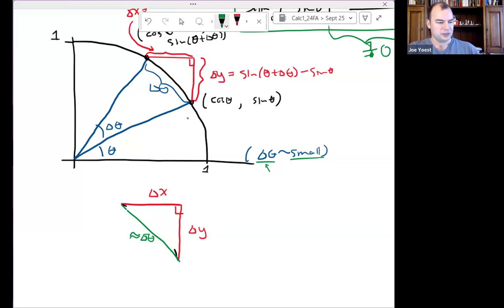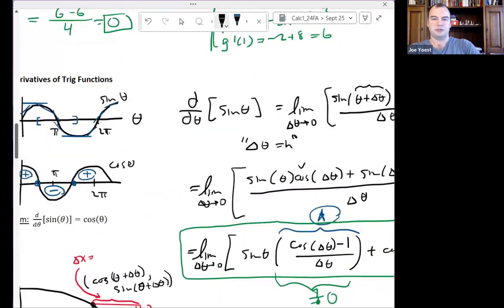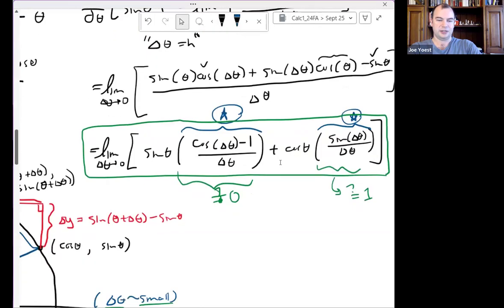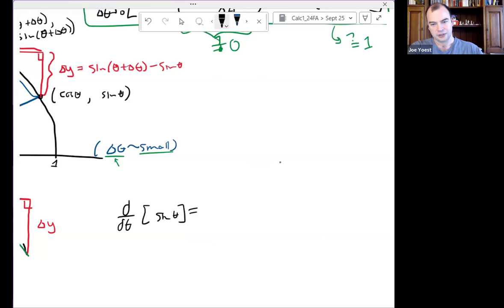Okay, so what else do I know? I know that the derivative of sine theta, well, from up here, from the definition of the derivative, the derivative of sine theta is delta y over delta theta, taking the limit of that as delta theta goes to 0.